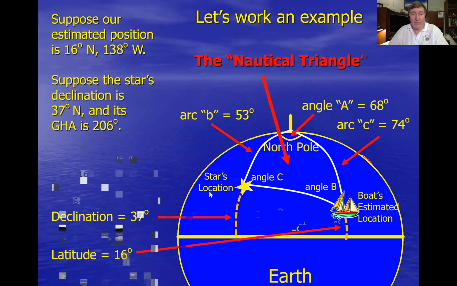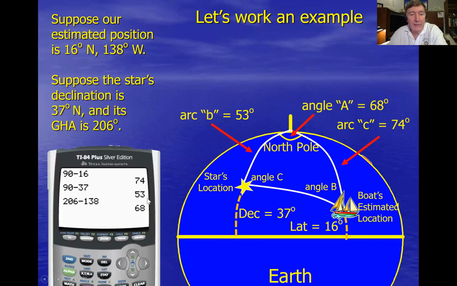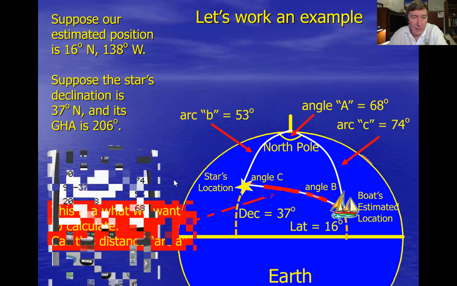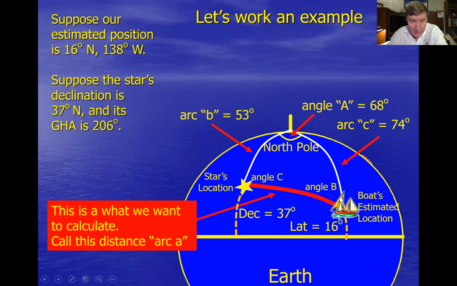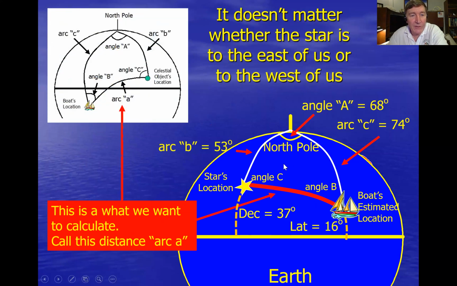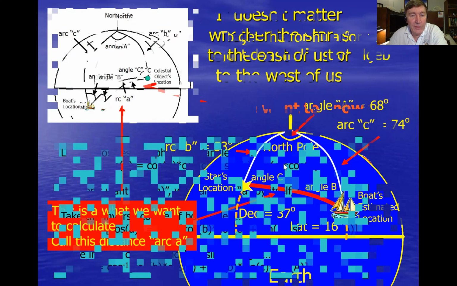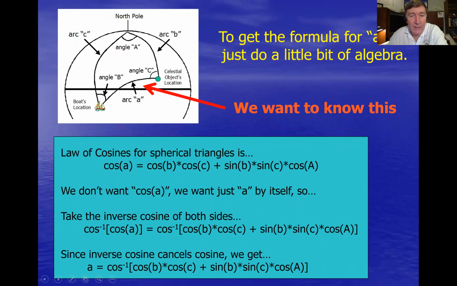So here's how we got the numbers. This distance right here, what I'm going to call the fictitious distance, is what we're going to calculate using our trigonometry skills. Then we're going to compare that to our real true distance.